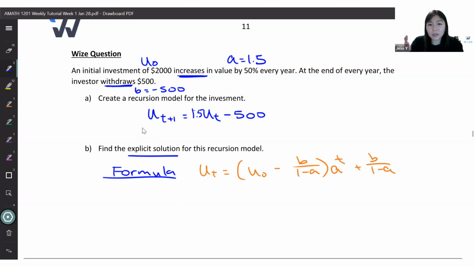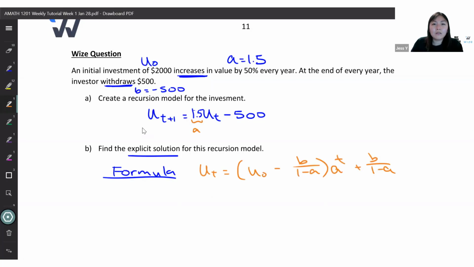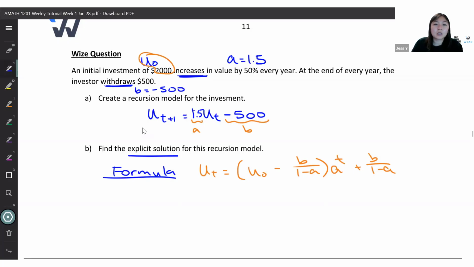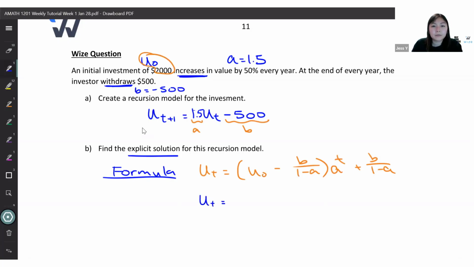It looks hard, but you're just subbing in values, right? We know that a is 1.5, b is negative 500, and u sub 0 is 2,000. So let's put that all in. So we have 2,000 minus negative 500 divided by 1 minus 1.5 times 1.5 to the t plus negative 500 over 1 minus 1.5.